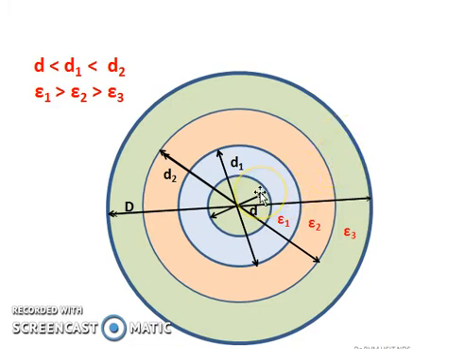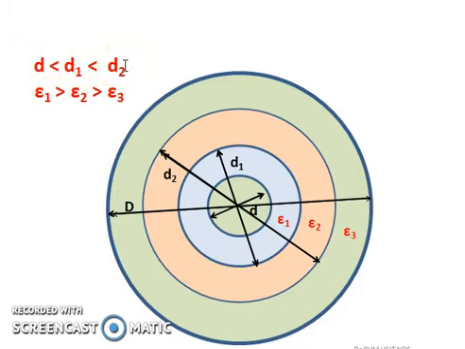so that the permittivity epsilon will increase as diameter decreases. See here, permittivity increases as diameter decreases, or the other way, permittivity decreases as diameter increases.